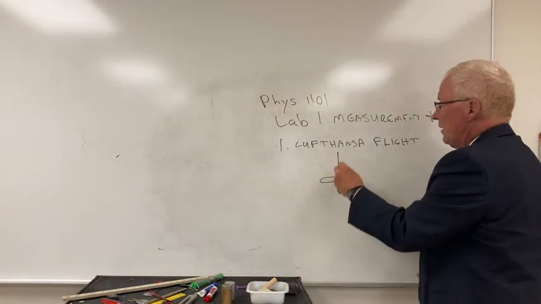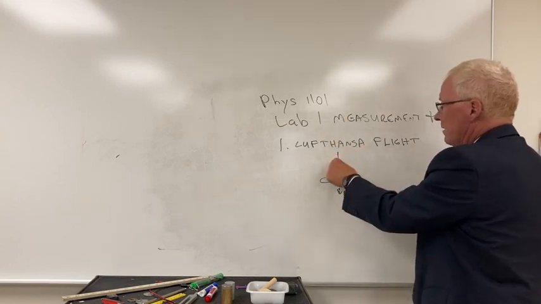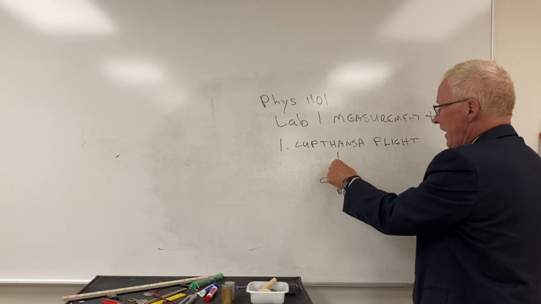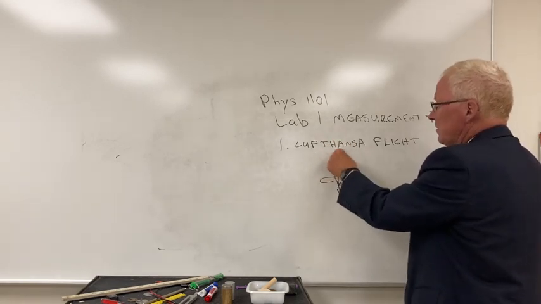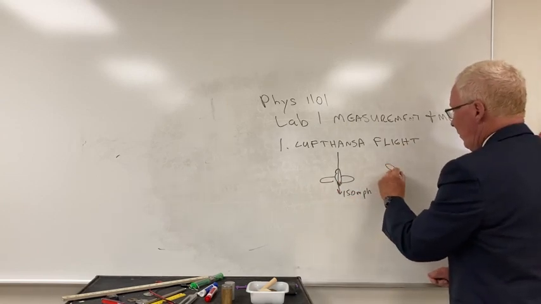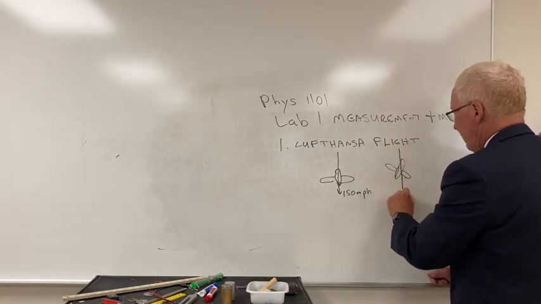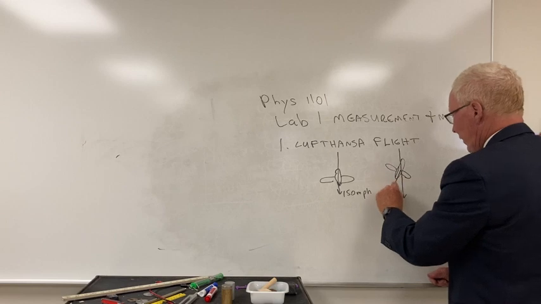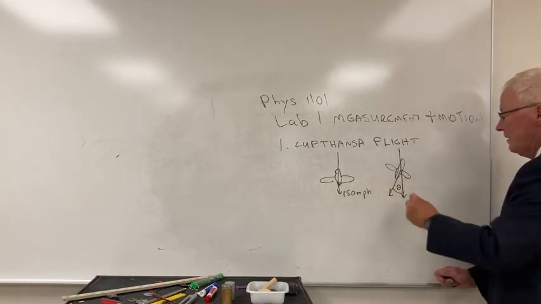So the angle is going to be the direction the plane is actually aimed relative to its actual motion. So if it's coming like this, in this case, it'd be 0. If it's coming in at an angle like this, but it's actually pointed this way, this would be the angle, theta.